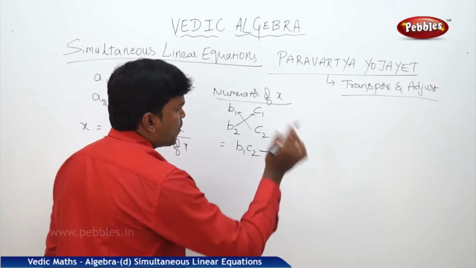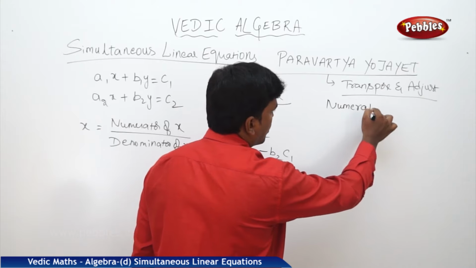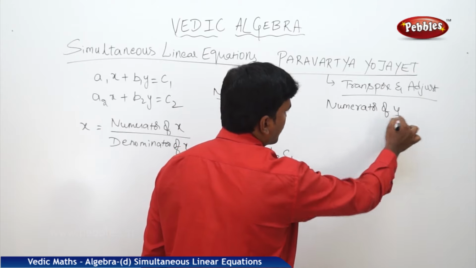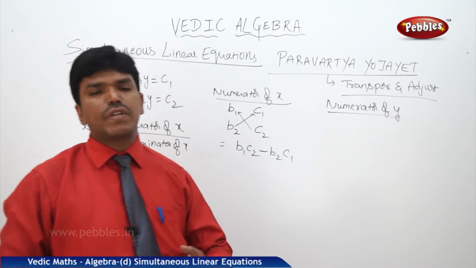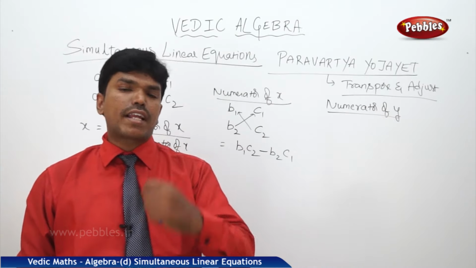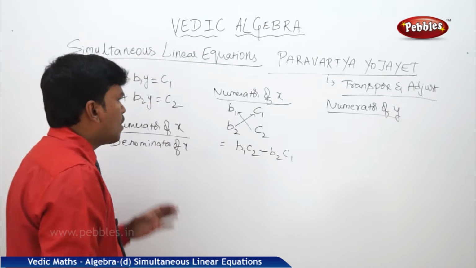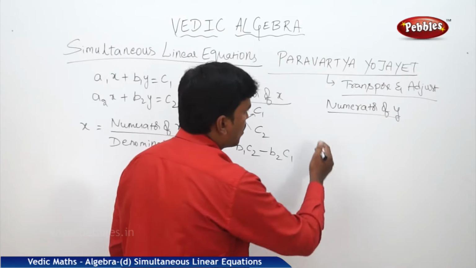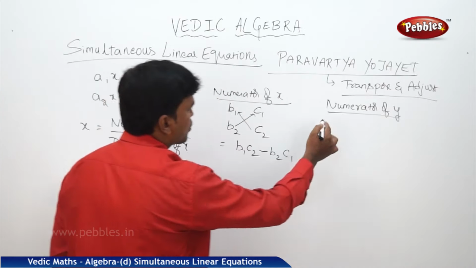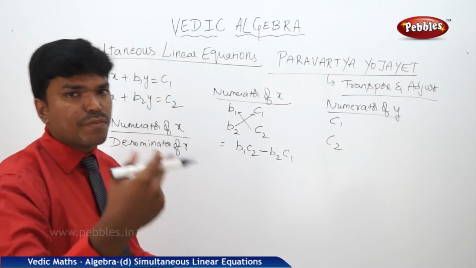Whereas how will you get the numerator of y? As we already know, simultaneous equations are of the cyclic way. So what is the next term here? c1, c2, the constant terms, and after c, what will come? a.